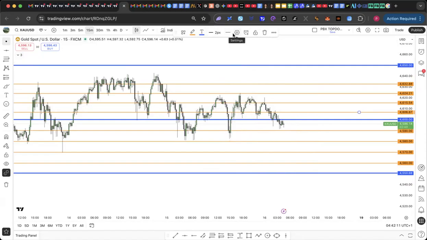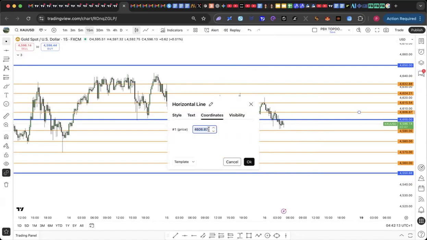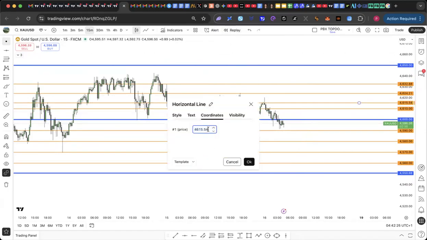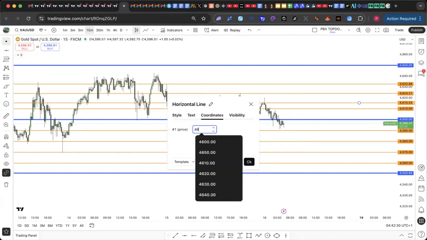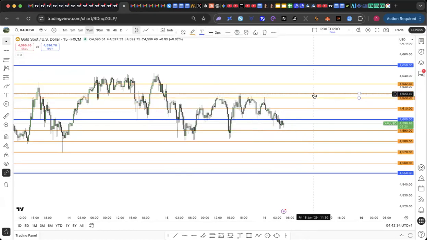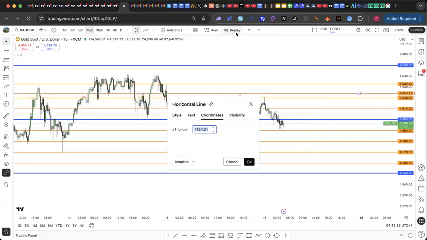Now, take the coordinate. This one, from 600 to 610.00, you can see 100 pips. Let's go again. This one, going to this point, that's 20.00. Fantastic.